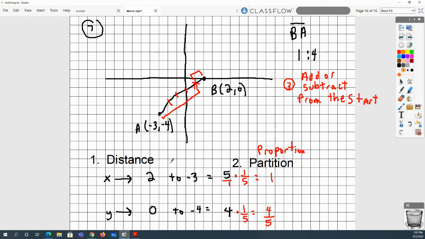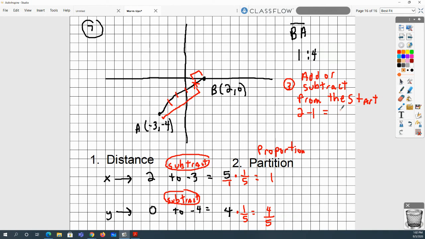So I'm going to write here, let's just write subtract. And this one you're going from, let's see, a high value to a low value, so you're also going to be subtracting. Okay? And that's from the start. Where's my starting number? This one was 2, right? So it's going to be 2 minus 1.